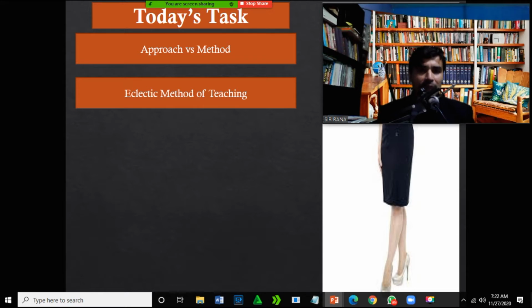So this method is in fact a blend of all. It is just a blend of all methods, and by blending, clubbing, and connecting all methods, you derive something new. So this method helps you overcome the drawbacks and demerits of the other methods. For example, you are teaching with the direct method, and there are certain students who don't know the culture of the English language.